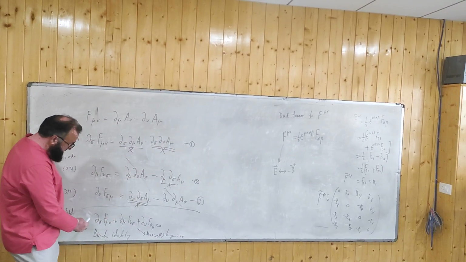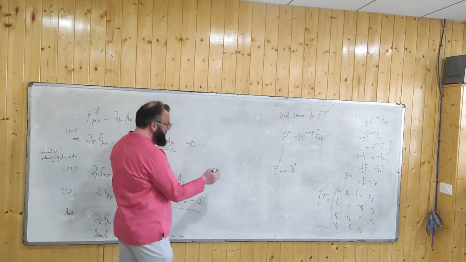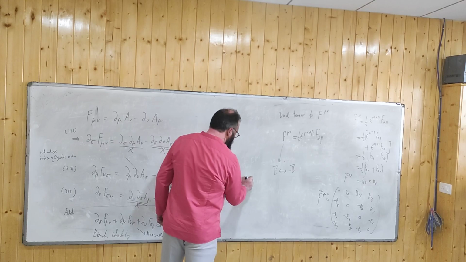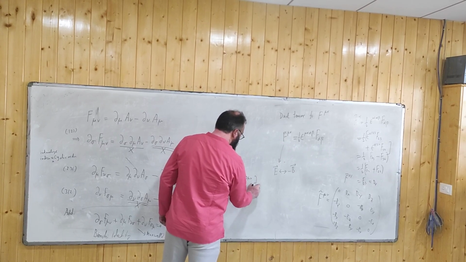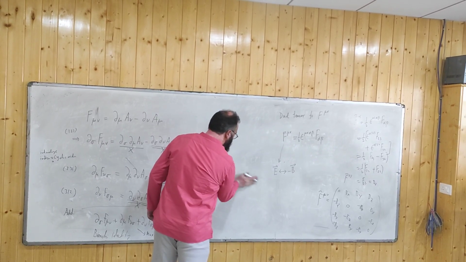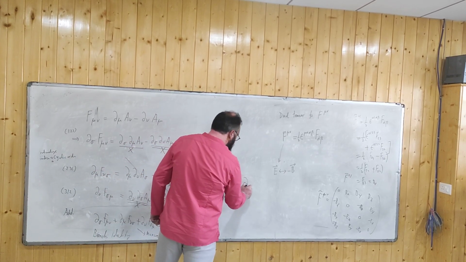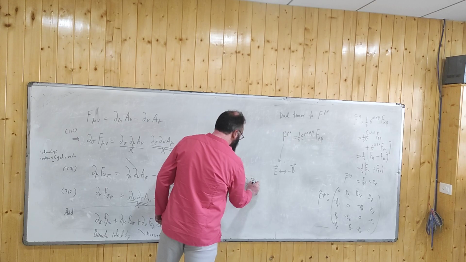Okay, so if I write it in this fashion, I can plug in. You simply multiply this epsilon. So I can write this thing as epsilon alpha beta mu partial. So I can simply write this equation as partial mu F tilde mu.